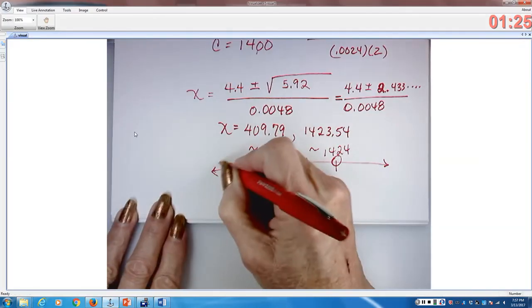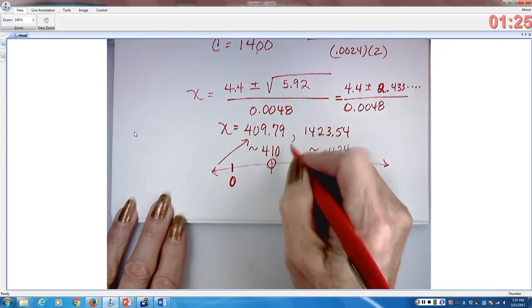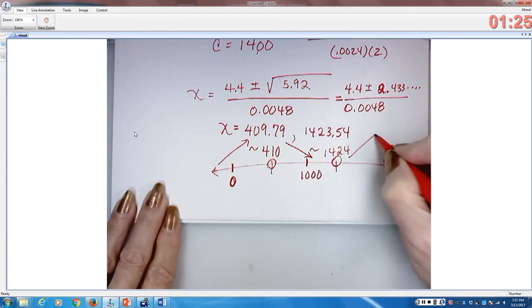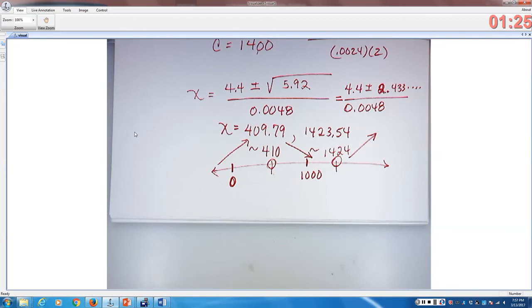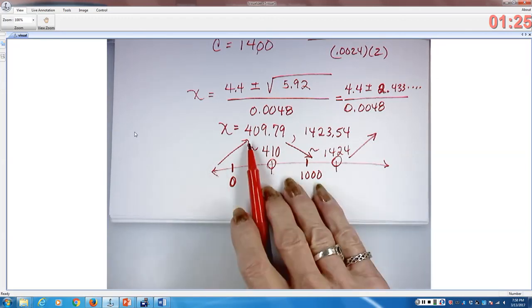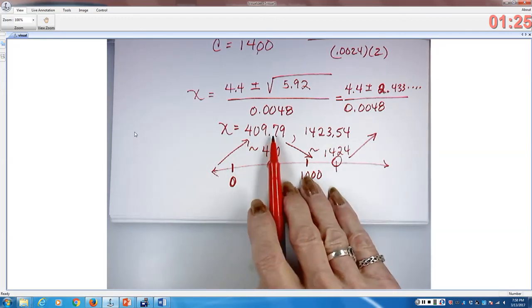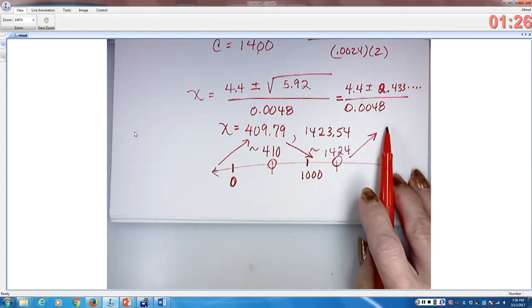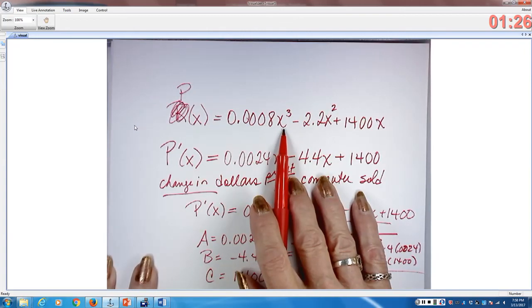The function is positive, negative, positive. Your function's increasing, peaks out, decreases, bottoms out, and then increases again. Which is what you would expect this to do because it's a cubic equation.